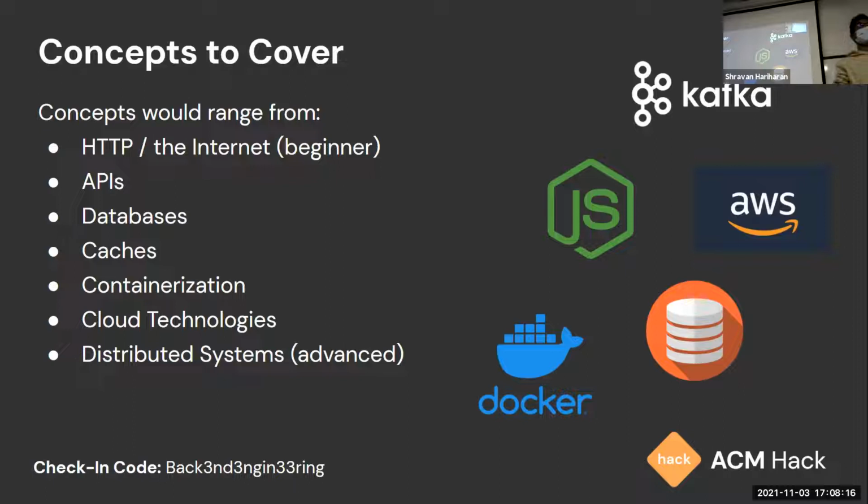We'll also potentially go a little further in depth into more advanced backend topics like caching, containerization, and some cloud technologies like AWS, as well as some distributed systems things if people are interested in that. Some of the technologies we'll be touching are Docker, JavaScript, Node.js, AWS, a lot of database stuff, maybe some Kafka.